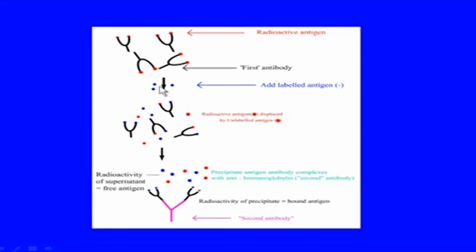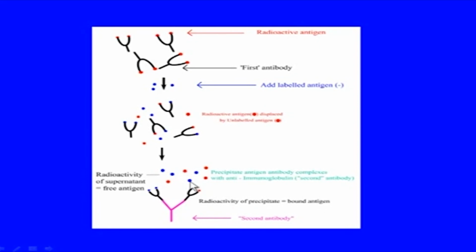As the concentration increases, they will compete for the same site, because they are the same antigen, and so some of the radiolabeled antigen will be replaced. Then the free radiolabeled antigen could be measured: radioactivity of the supernatant will be equivalent to free antigen, and radioactivity of the precipitate will be bound antigen.